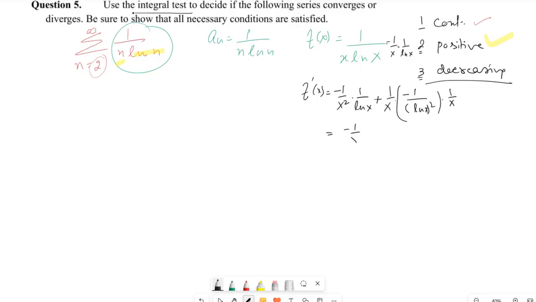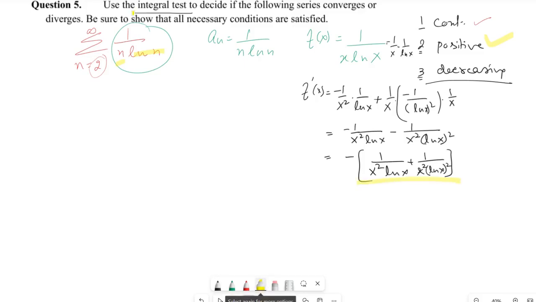Basically, negative 1 by x squared natural log of x, minus 1 by x squared (natural log of x) squared. So negative out, everything inside here is positive. There is a negative sign outside, so this has to be negative for all x more than or equal to 2. So the third condition is satisfied too.